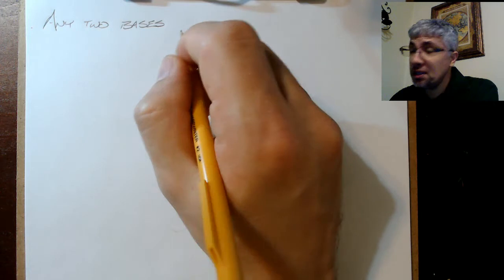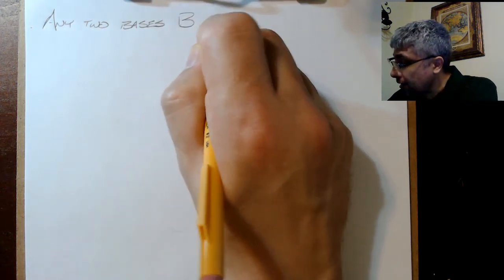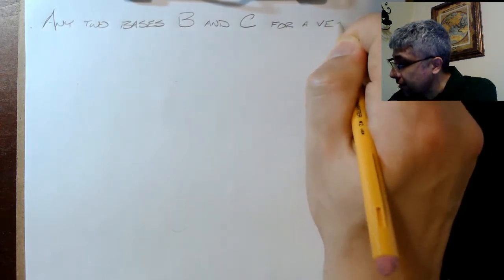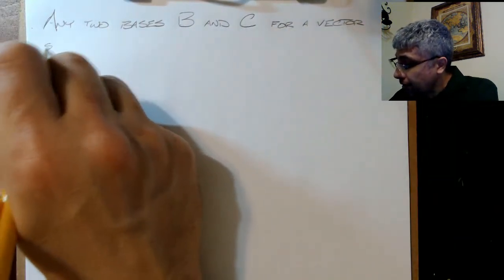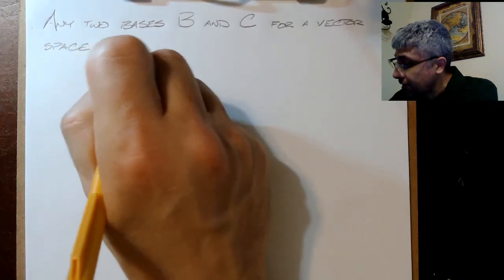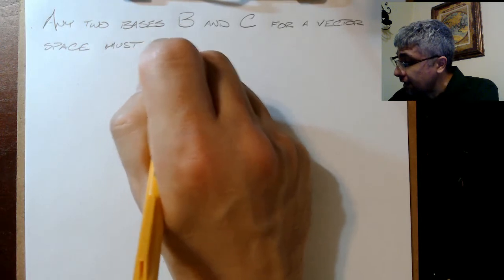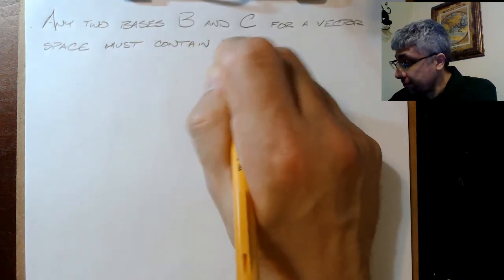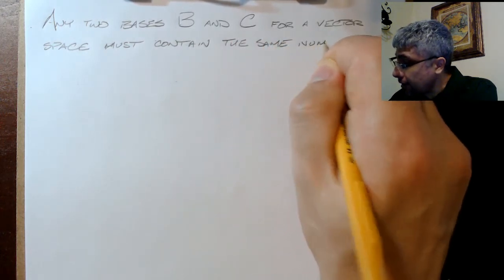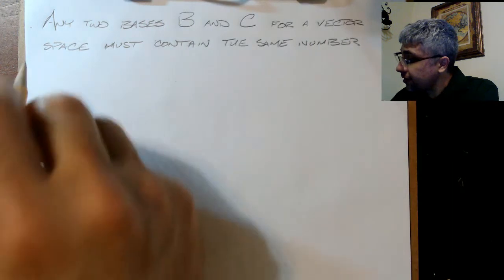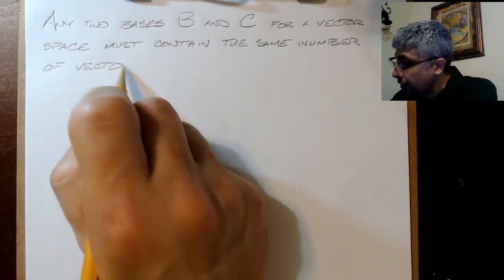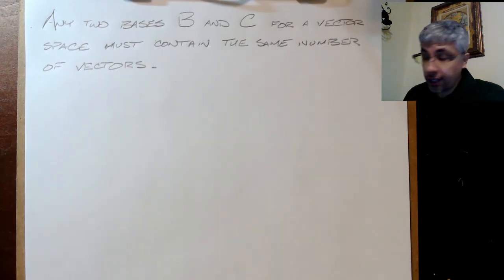I have to name them B and C, for a vector space, must contain the same number of vectors. So, no variance in the number. Okay, so how do we prove that?